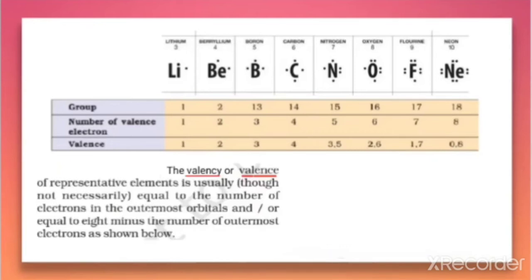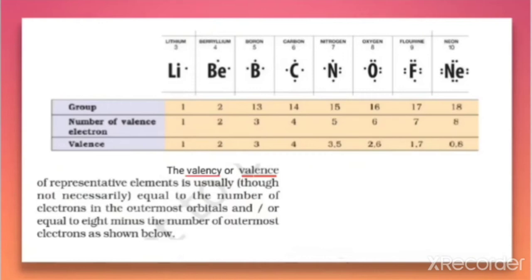The valence or the valency of a representative element is usually equal to the number of electrons in the outermost orbit, or equal to 8 minus the number of outermost electrons, as shown below. That means valency can be equal to its valence electrons for the representative elements.